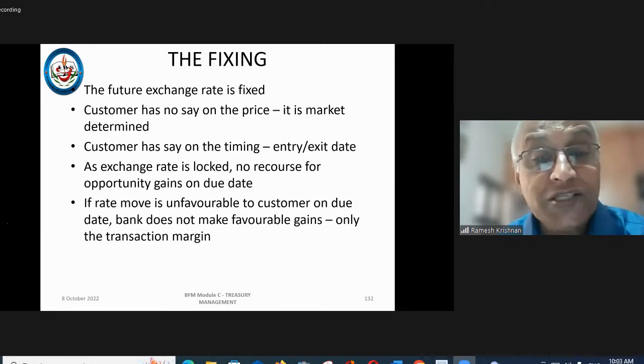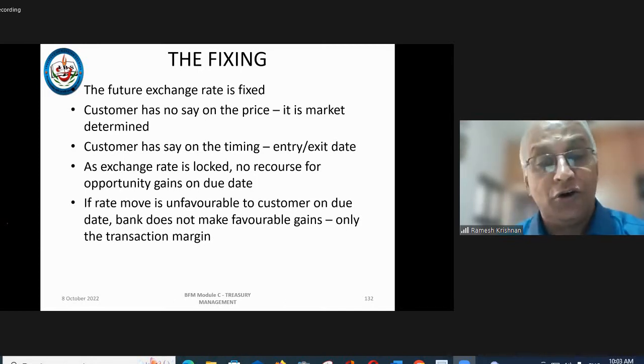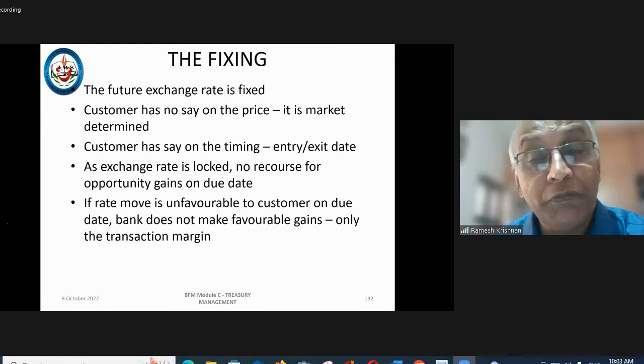If the rate move is unfavorable to the customer on the due date, the bank does not make favorable gains. Because then also the customer will say, you bought the currency from me at 82.50 because I gave you the bill and you are selling it in the market at 90 and pocketing 7 rupees 50 paise profit.